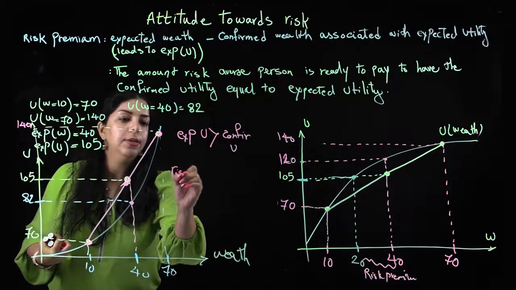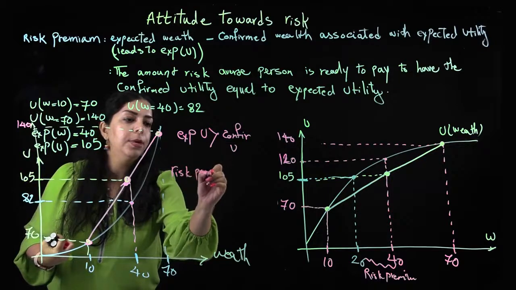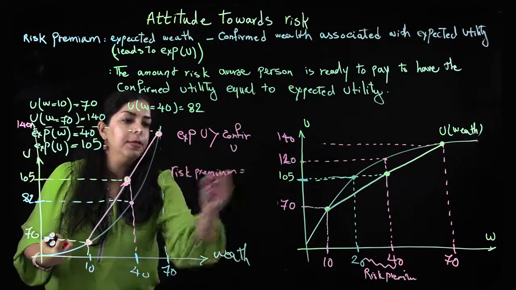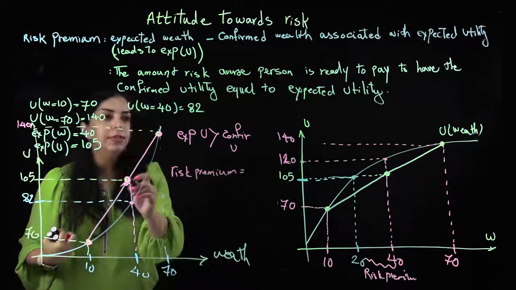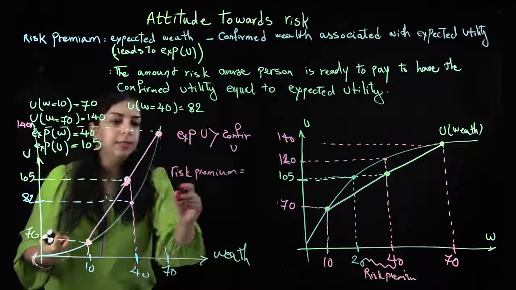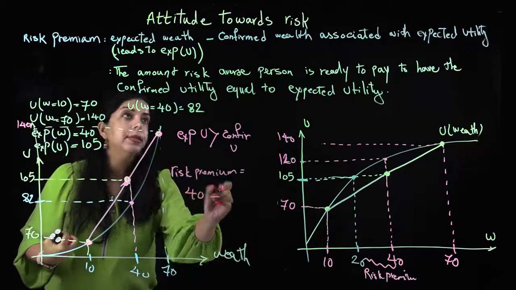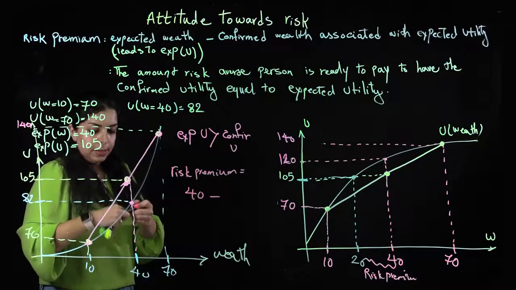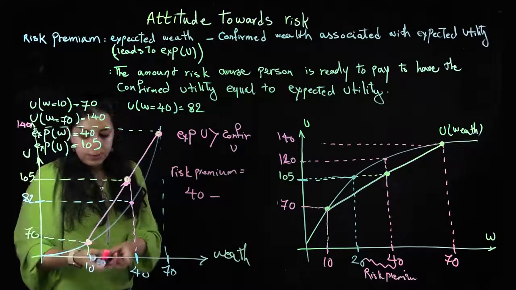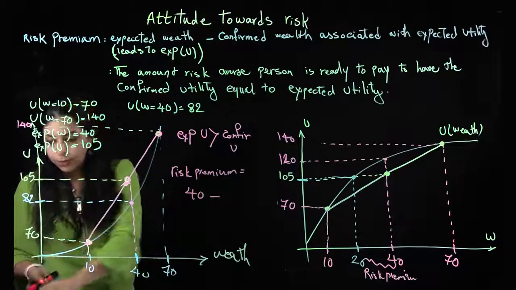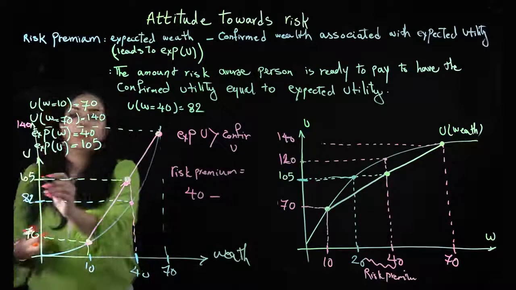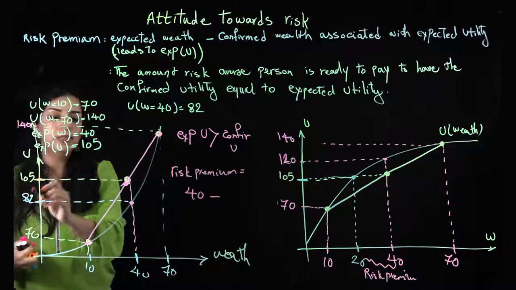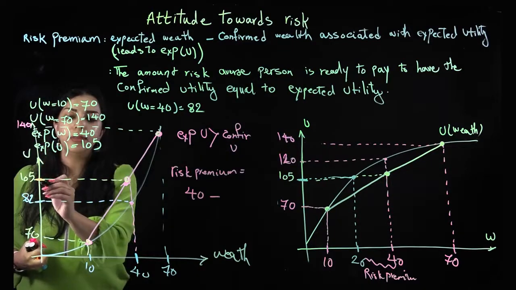So now we are calculating the risk premium: the expected value which is leading to the expected utility, 40, minus the confirmed wealth associated with this utility.